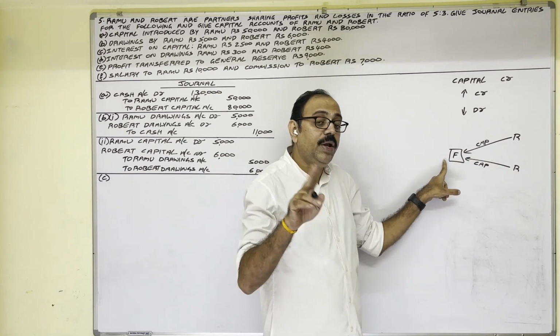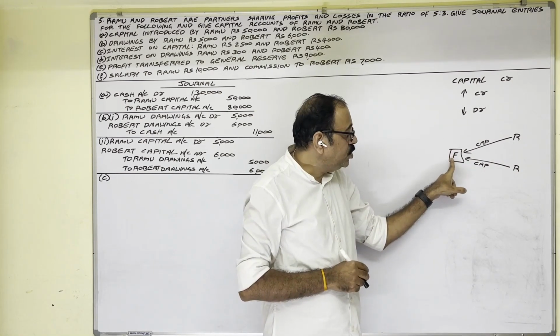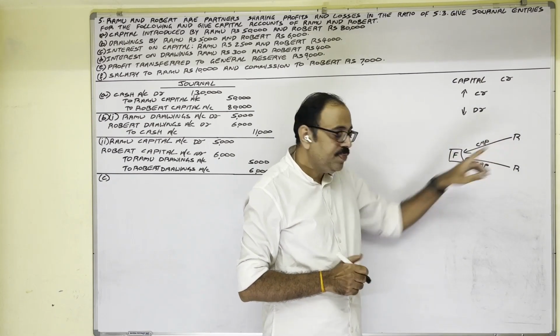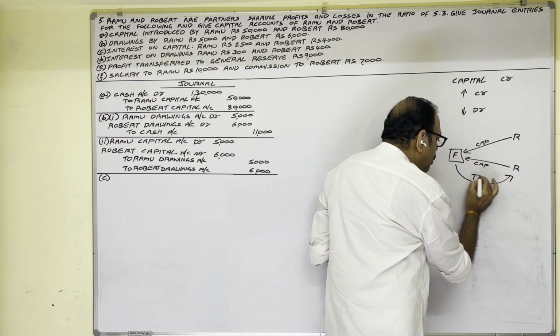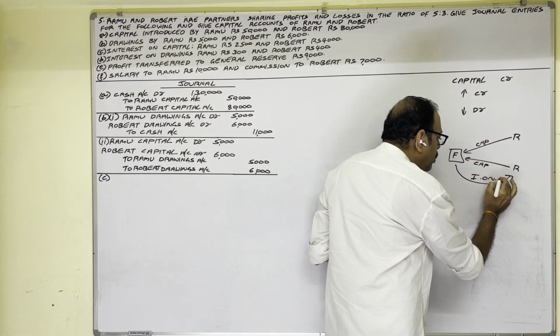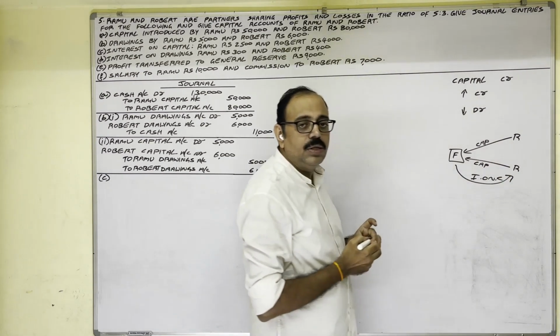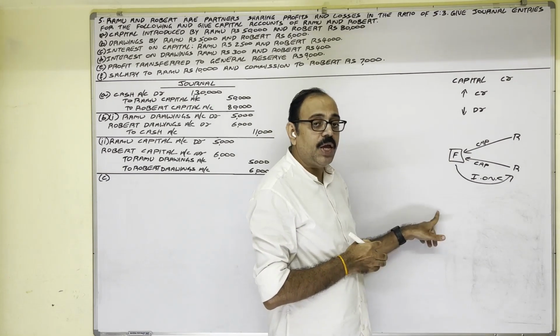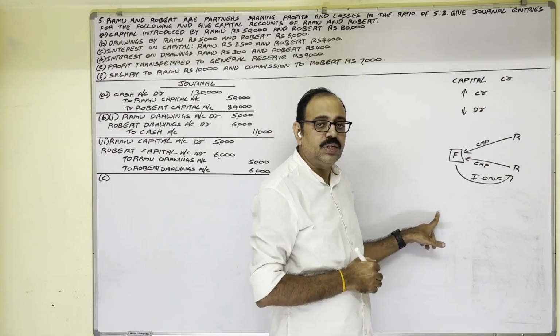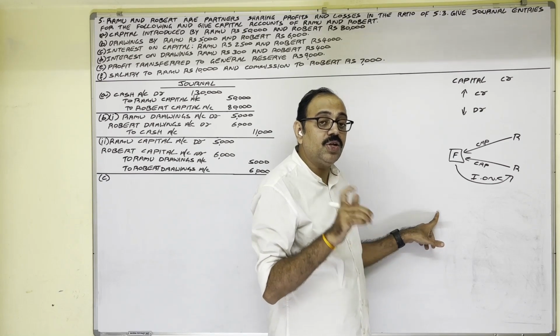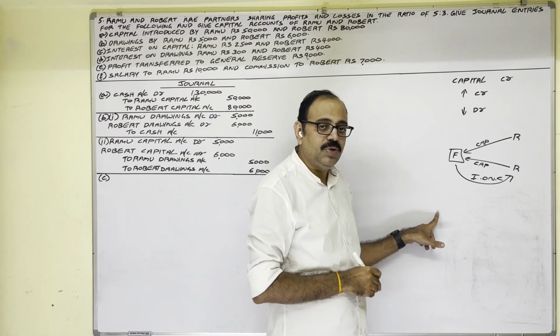So who should pay interest to whom? The firm should pay interest to partners now. So interest on capital, the firm should pay to partners. In the firm's books, we are preparing accounts. Think from the firm's point of view. The firm is paying interest. Means to the firm, interest on capital is an expenditure, no?